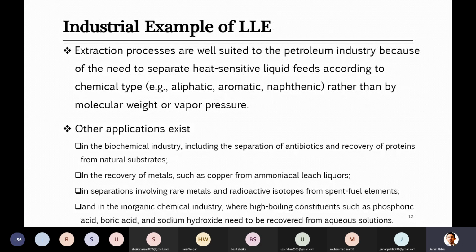The other applications: we talked about the petroleum industry, but they are also used in biochemical industries, where they are helpful for separation of antibiotics and proteins from the natural substrate.